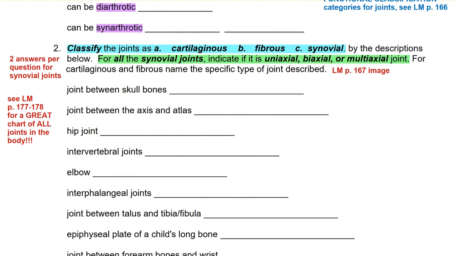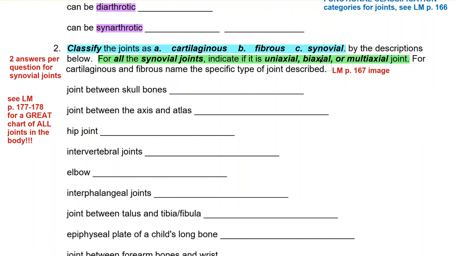And then at the bottom of this page, you have a couple more classifications to do. So you have to, again, identify joints by their structural characteristics: cartilaginous, fibrous, synovial. But then it wants to get a little more detail from you. So of these joints that are listed here, you have to figure out which ones are synovial and then give a little bit more information.